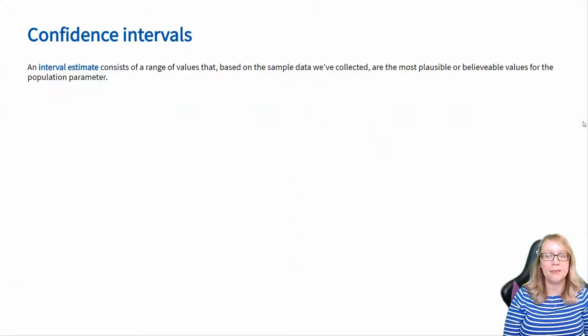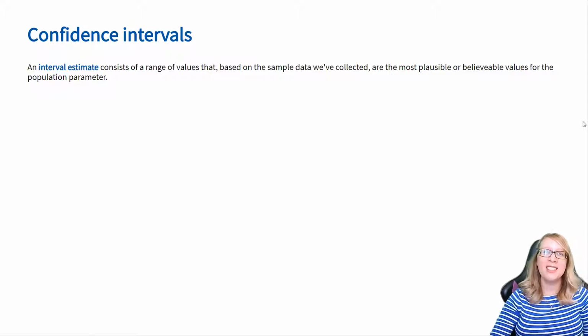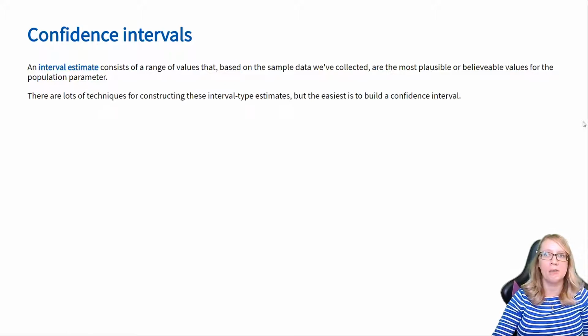So let's jump in. An interval estimate is basically a range of values, based on the sample data that we've collected, that consists of the most plausible or the most believable values for a population parameter. Given a set of data, we'll come up with a range of values that are the most reasonable for the population parameter.